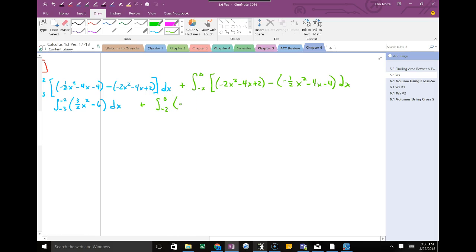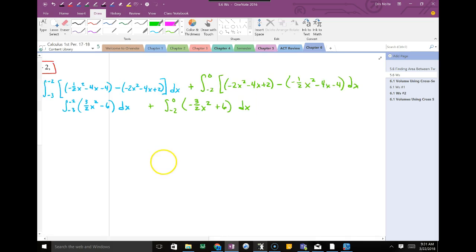If we add our x squareds together, what's negative 2 plus 1/2? What happens to my x's? Negative 4 plus 4 cancel. And what about my constant? 2 plus 4, plus 6. And do you see that trick? Do you see the difference between the blue equation and the green equation right there?